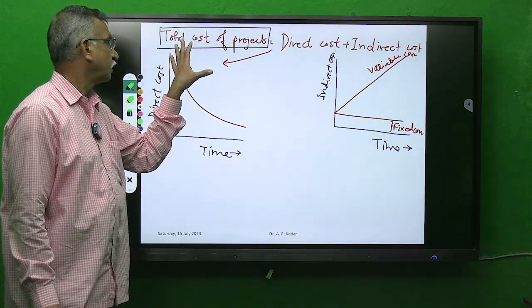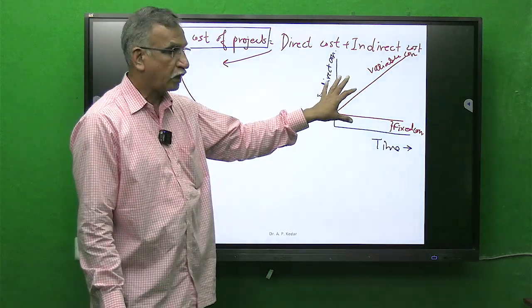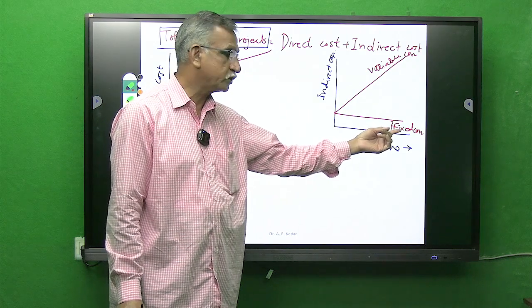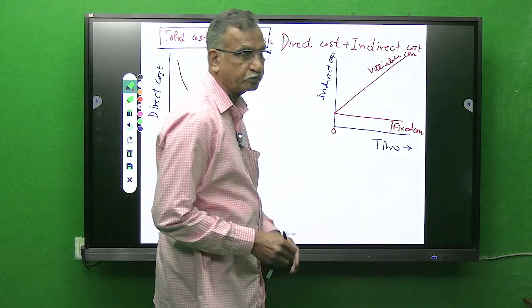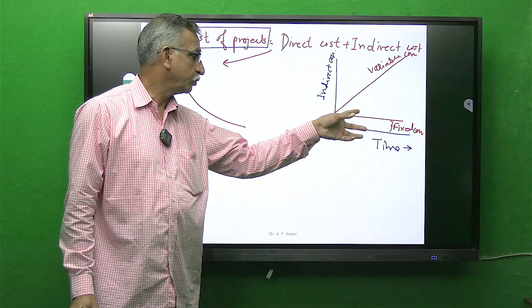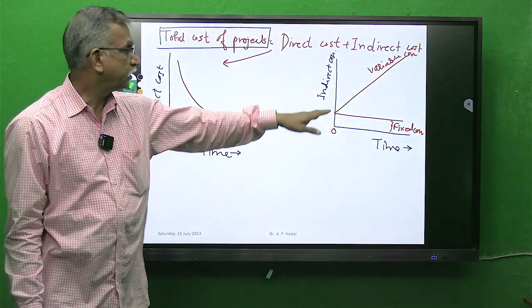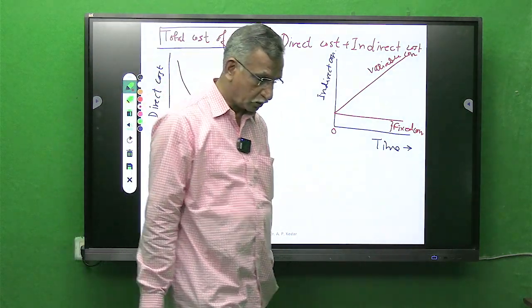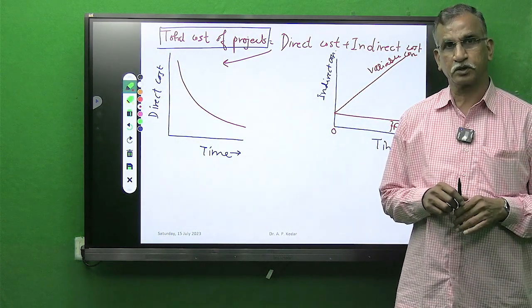See here, direct cost is behaving like this, indirect cost is behaving like this, consisting of two elements, fixed cost and variable cost. At this point 0, in spite of no production, you have to have your fixed expenses incurred every time, and this variable cost is the amount of expenses incurred on actual production of the units in the industry.